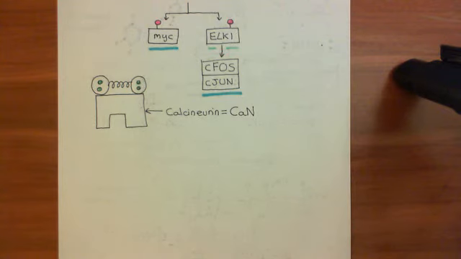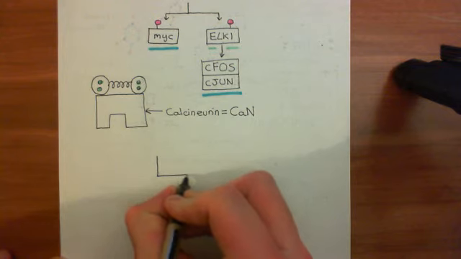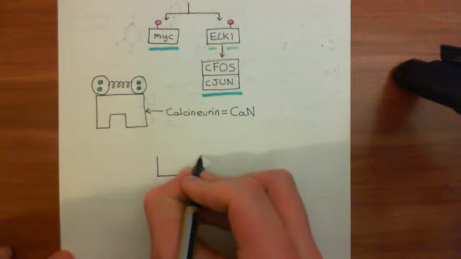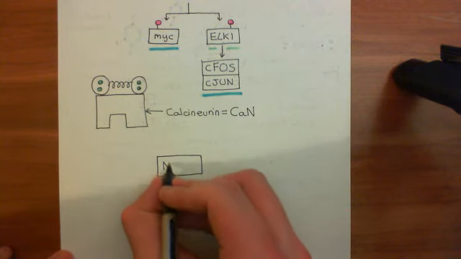Now calcineurin is a serine-threonine phosphatase. It removes phosphate groups from serine and threonine residues. So it's basically the opposite of a serine-threonine kinase. It is going to work on a transcription factor known as NFAT.